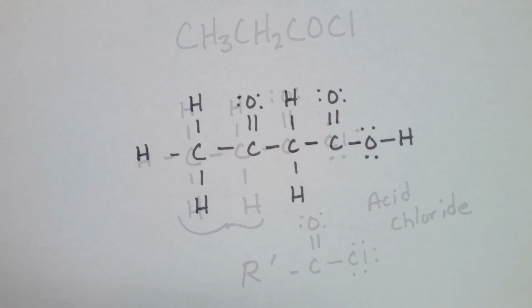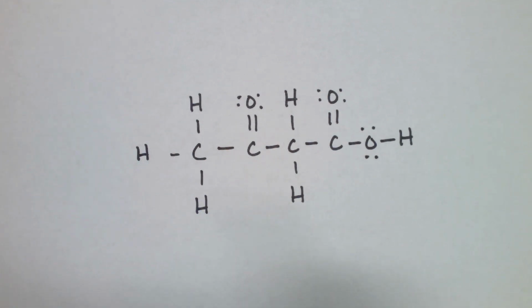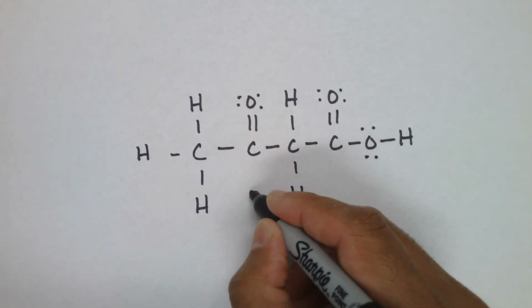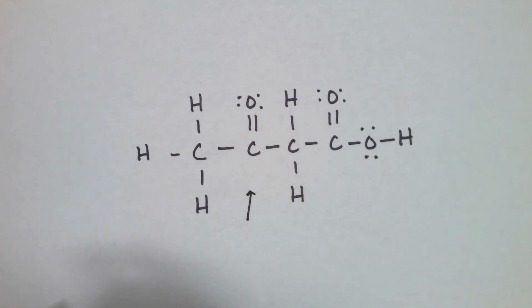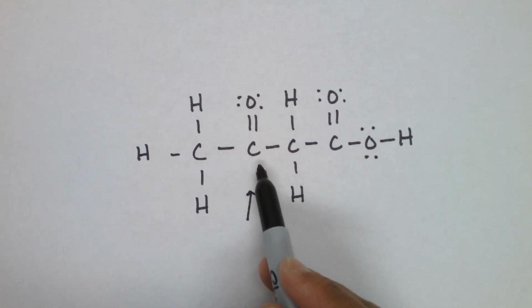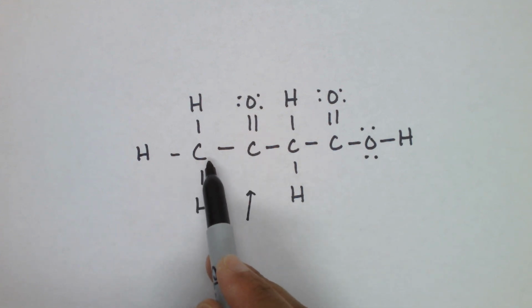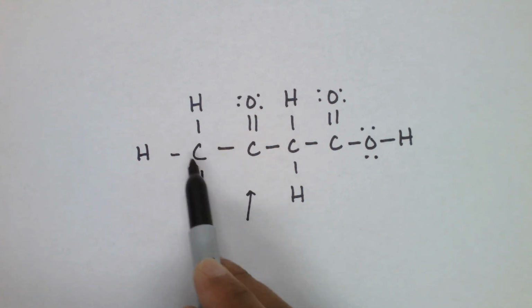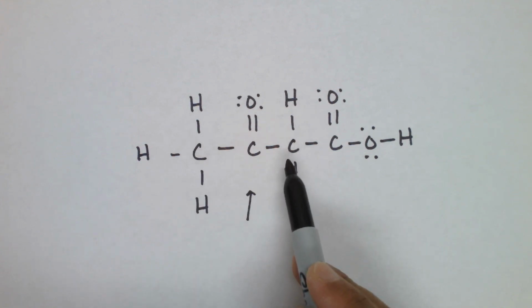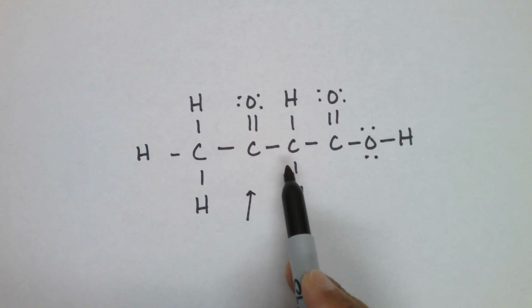Let's close with an example where we convert a Lewis structure into a condensed formula. If you look carefully, you'll notice there are two functional groups here. This is one that I introduced in an earlier video. Here's a carbonyl group, and the sp2 carbon is bonded to another carbon atom or some carbon chain. In this case, it's just the one carbon atom, but over here, we have a different carbon chain. So these are two R groups.